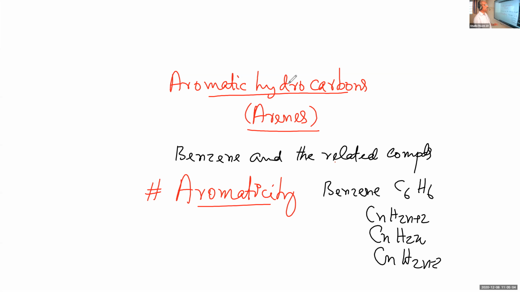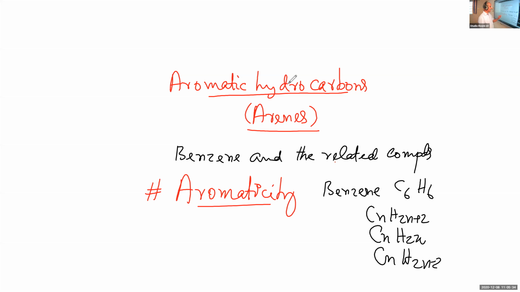Secondly, benzene has a high degree of stability. It is highly stable, not that much reactive. For example, if chlorine water is added, it is not decolorized by benzene. If a small amount of potassium permanganate solution is added, that is not suddenly decolorized by benzene, although there is a high degree of unsaturation.